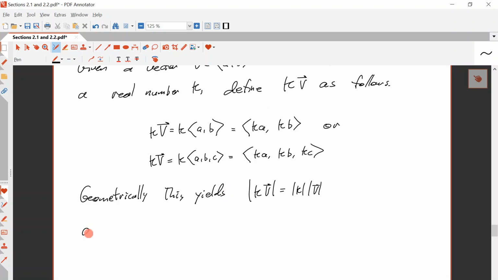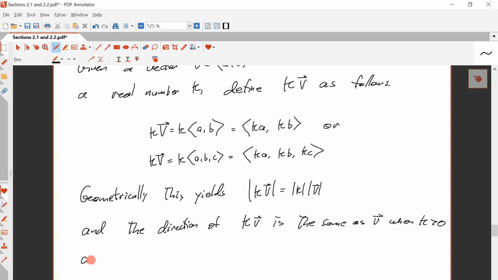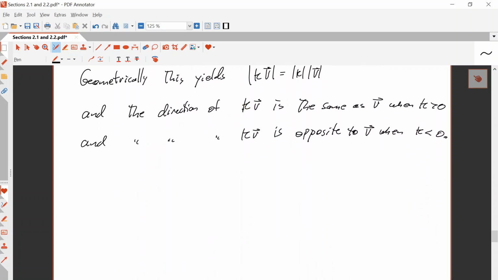And the direction of KV is the same as V when K is bigger than 0, and the direction of KV is opposite to V when K is less than 0. So it looks like this.